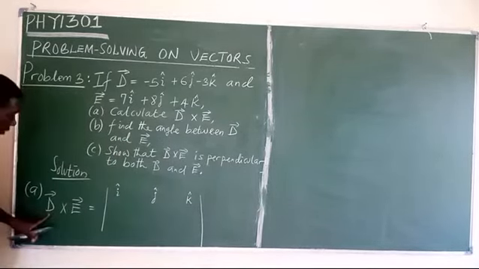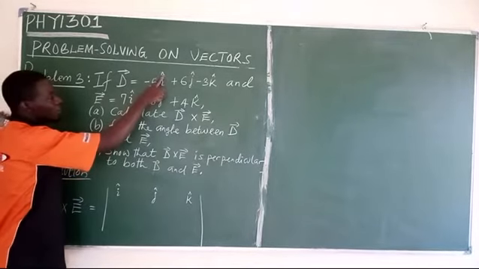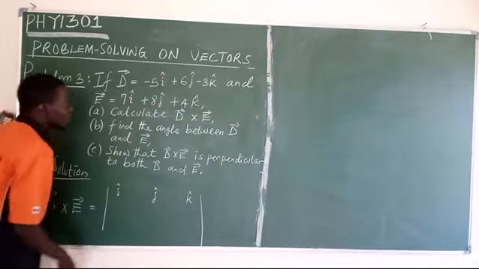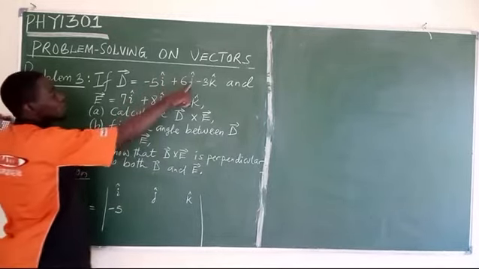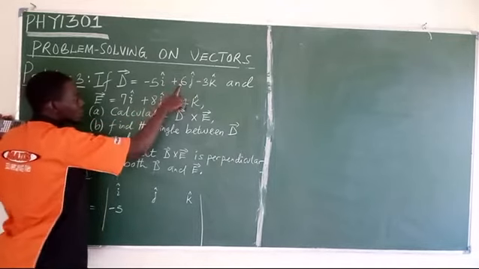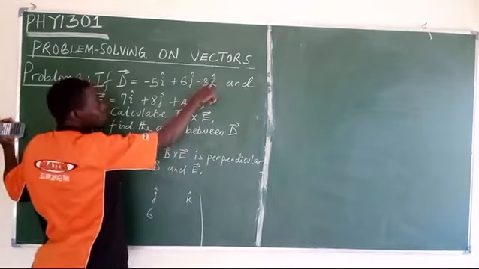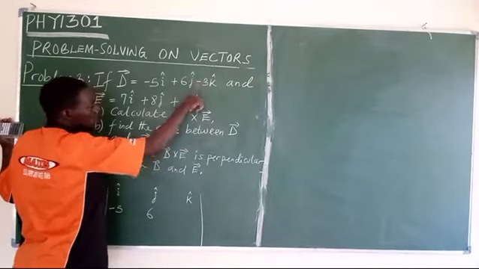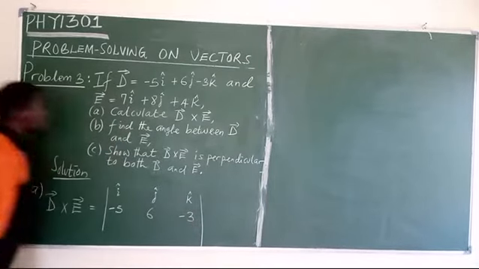Next, we start with D. We know that the coefficient of i hat for D is negative 5, so we put negative 5 here. Coefficient of j hat is 6 positive, so we put 6 here. And coefficient of k hat for D is negative 3, so we write negative 3 here.